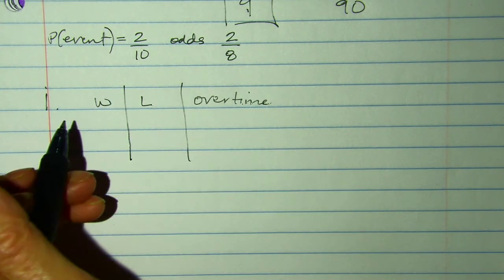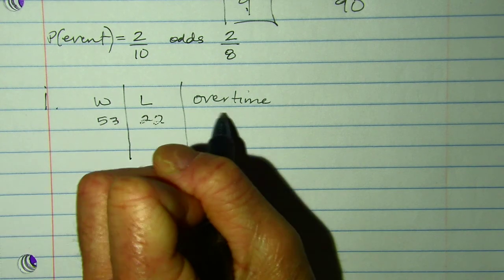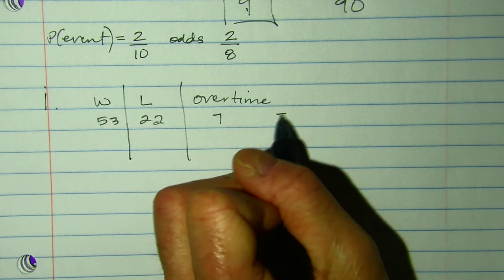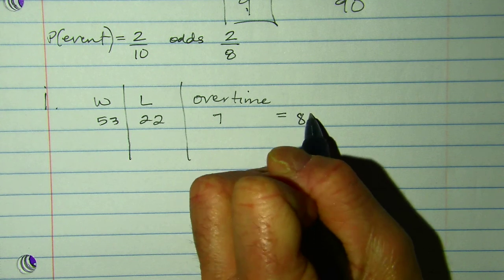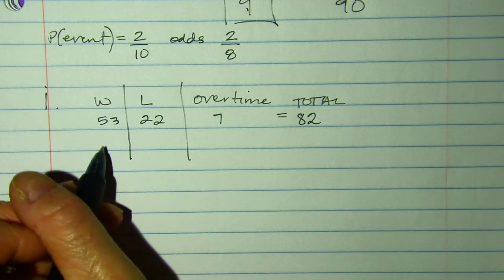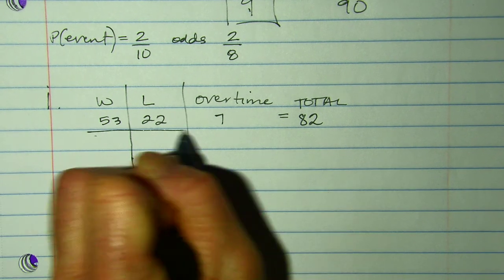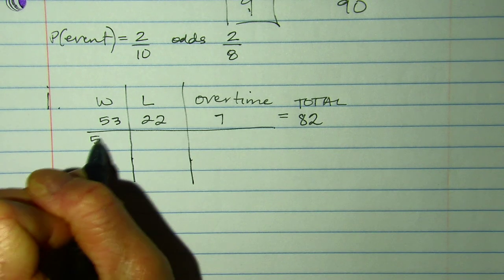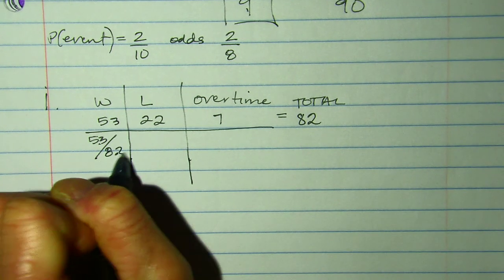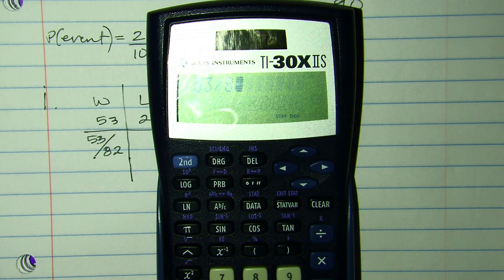And it told us there were 53 wins, there were 22 losses, and there were 7 in overtime. So I have a total of 82. So I'm going to calculate the probability of each. This first one would be 53 out of 82, right? There are 53 wins out of 82 games, so 53 divided by 82.